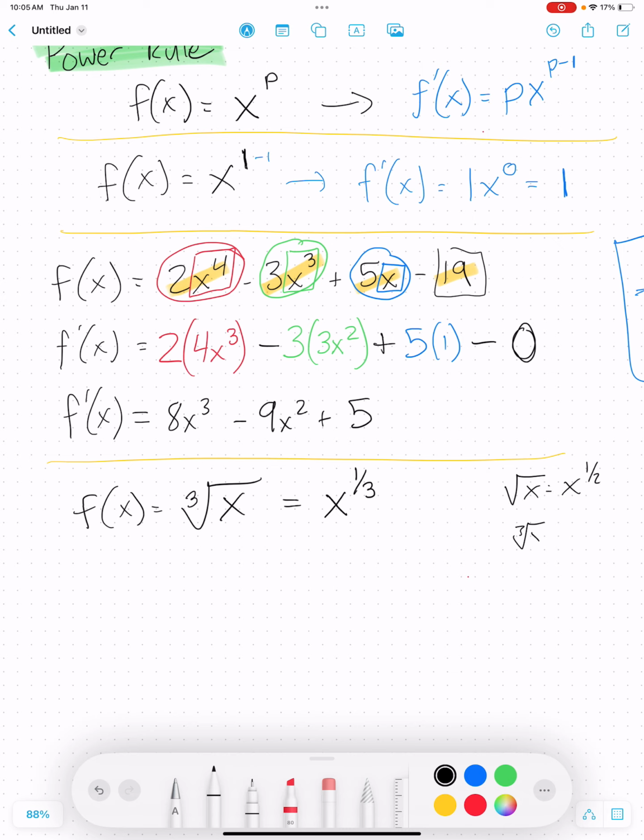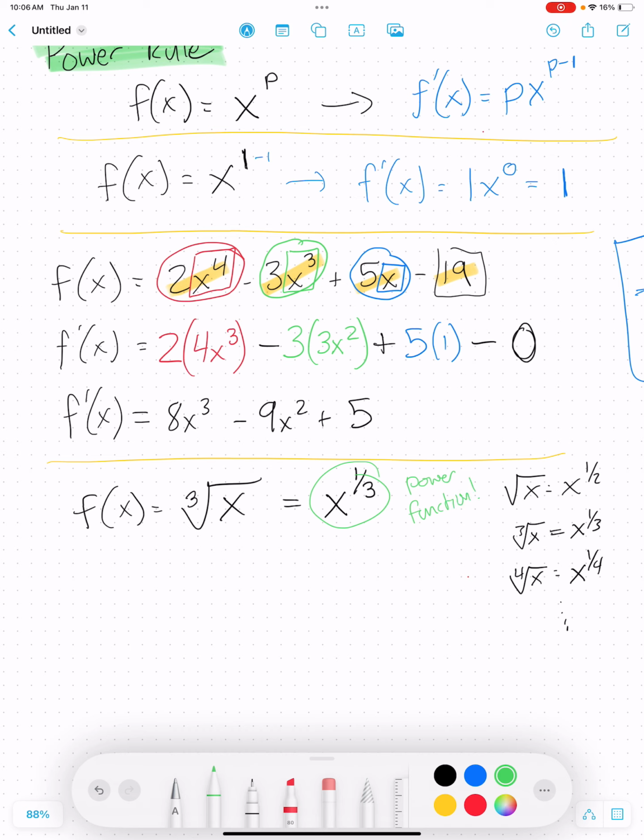A cube root is x to the 1/3. A fourth root is x to the 1/4, and so on and so forth. Right? So that's how roots work. You can write them as exponents, which means that this is a power function.